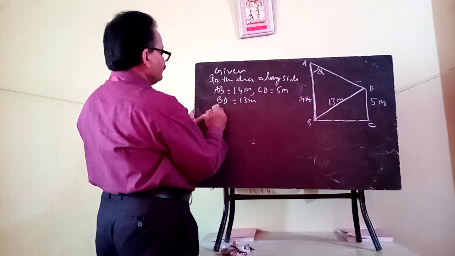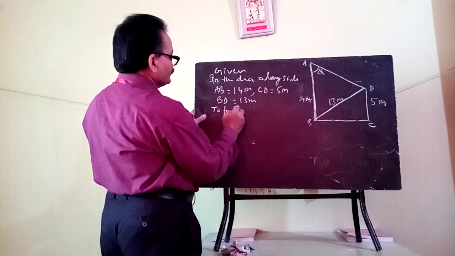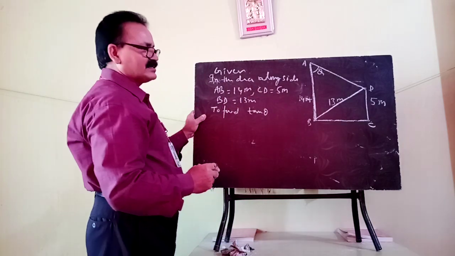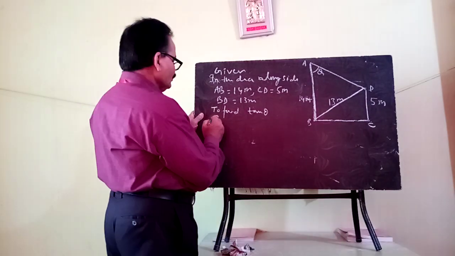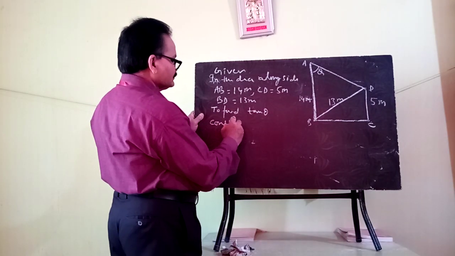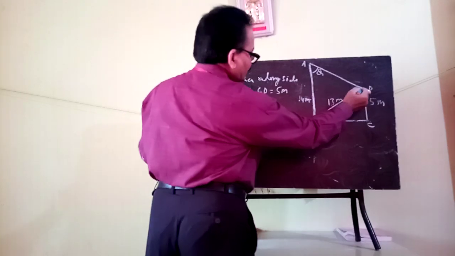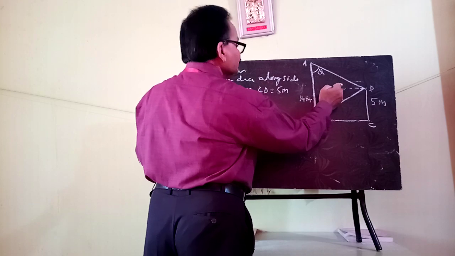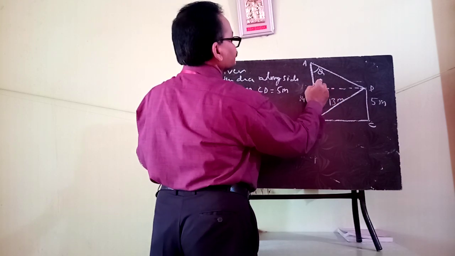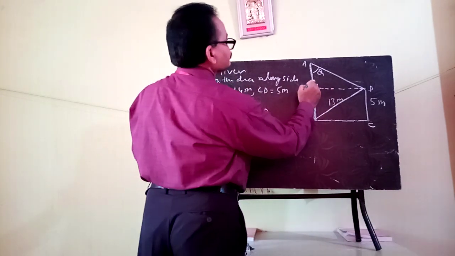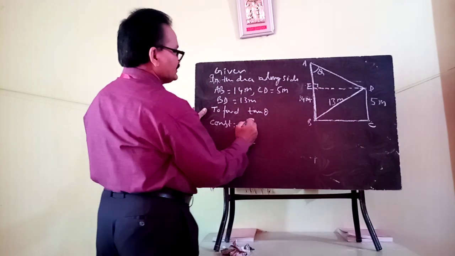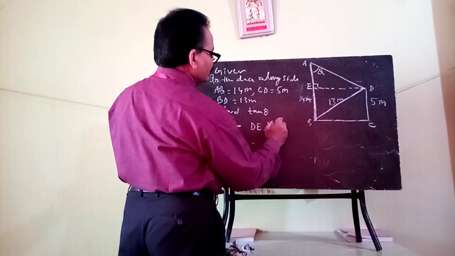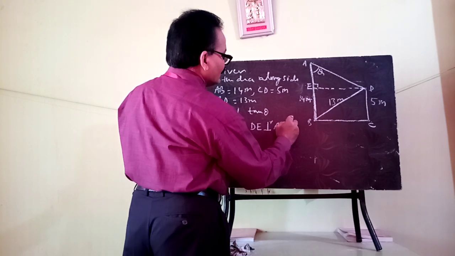Okay, to find tan theta. Theta is already marked in the diagram. You do one construction. From D, you draw a perpendicular. Construction DE perpendicular to AB is drawn.